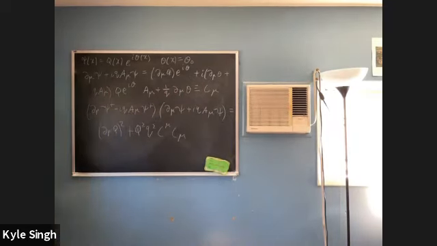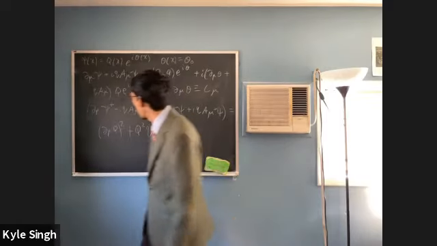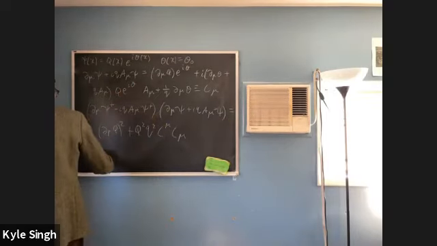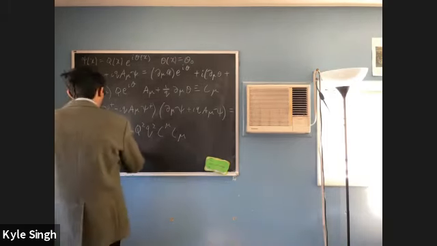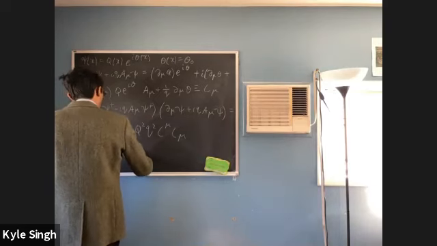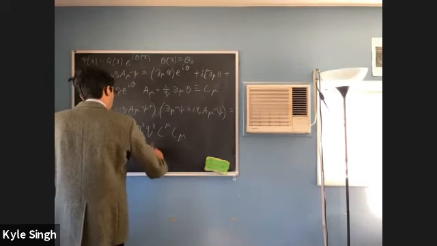Okay, this is gauge invariant. Let's write down F mu nu, the field strength tensor, in this language as well. Obviously, the standard form is just d mu A nu minus d nu A mu.